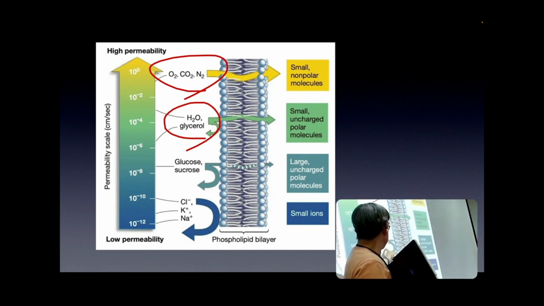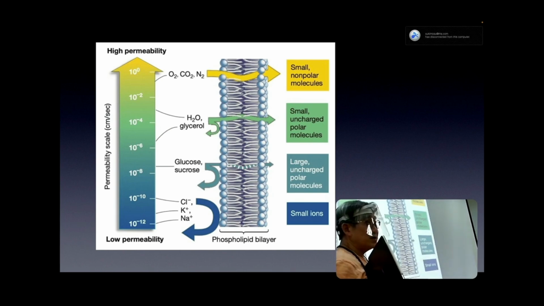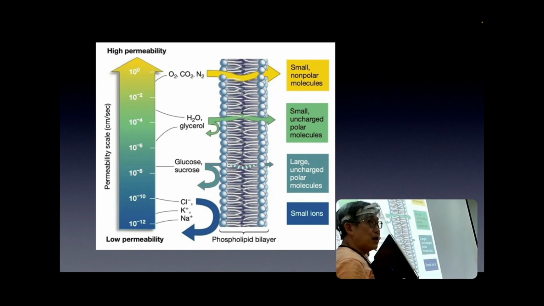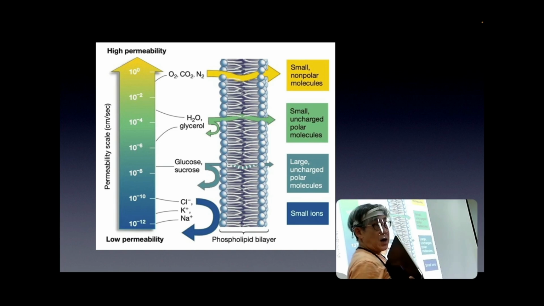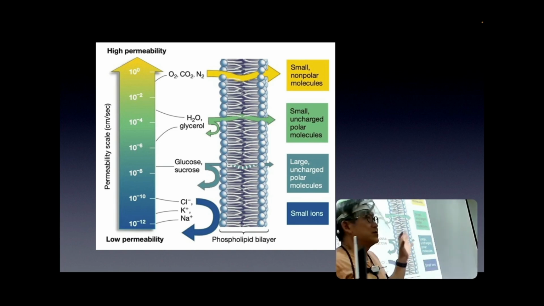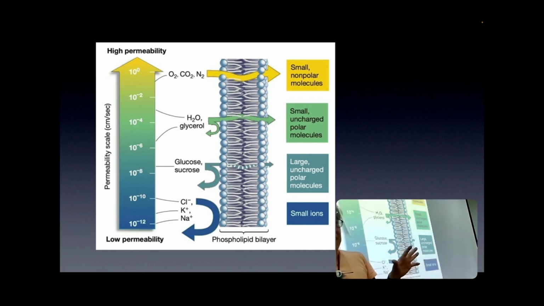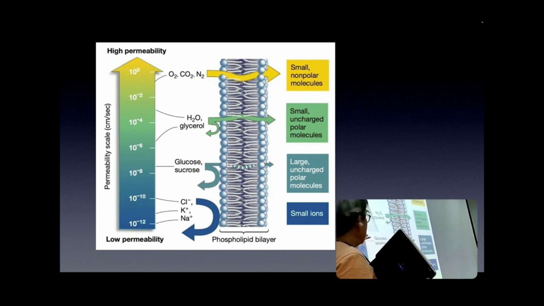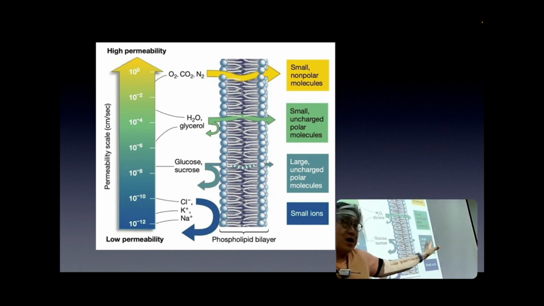But look at this, guys. Glucose and sucrose. What did I say about the nature of carbohydrates? They are polar, hydrophilic. Relatively speaking, glucose and sucrose are small enough. They're not that big. Some other molecules are much larger and also hydrophilic, and they have no chance.